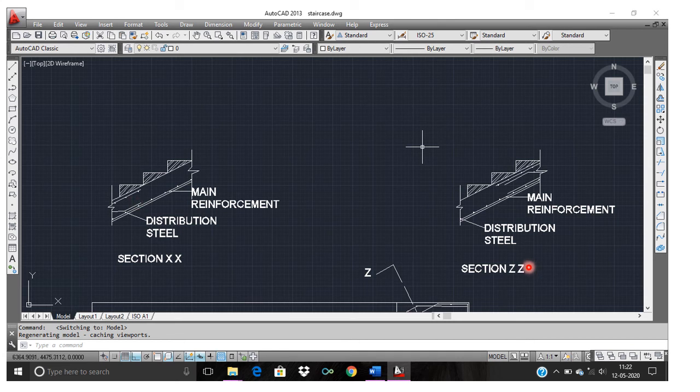Similarly, at section ZZ, the top landing slab, this is the main reinforcement of the waist slab, which is the continuation. This is the distribution reinforcement, whereas this is the main reinforcement, the continuation of the main reinforcement of the top landing slab, and this is the distribution reinforcement.